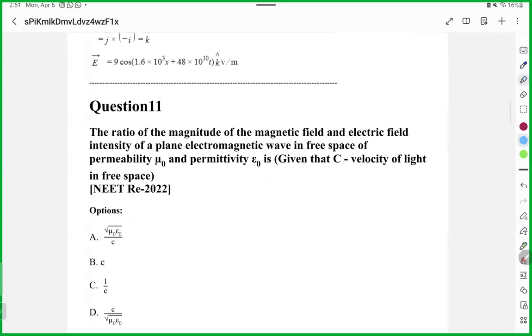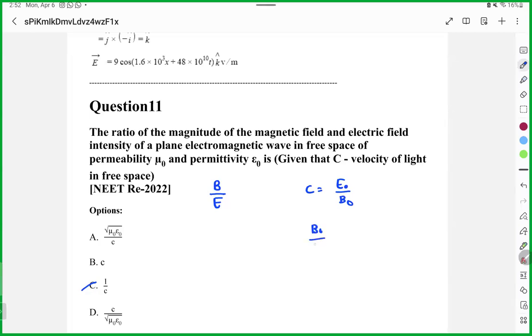Ratio of the magnitude of magnetic field and electric field in free space is asked. Sir, option C. Yes, because we know C is equal to E naught by B naught. If you see the maximum value, what will be the value?